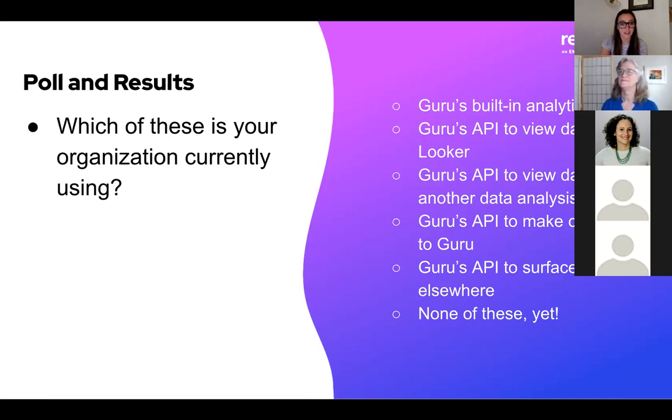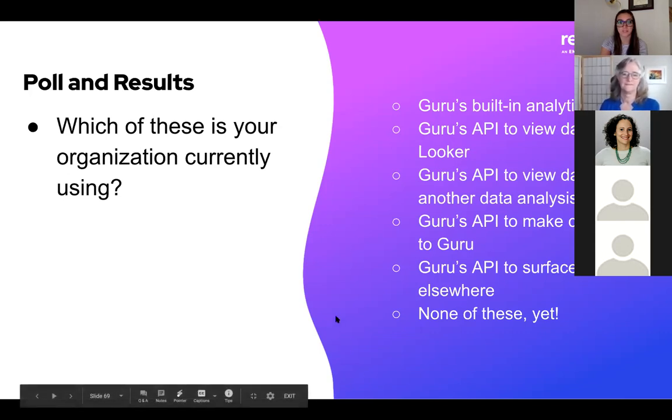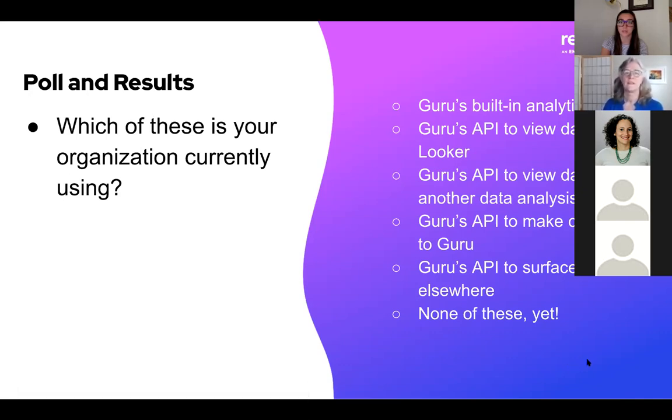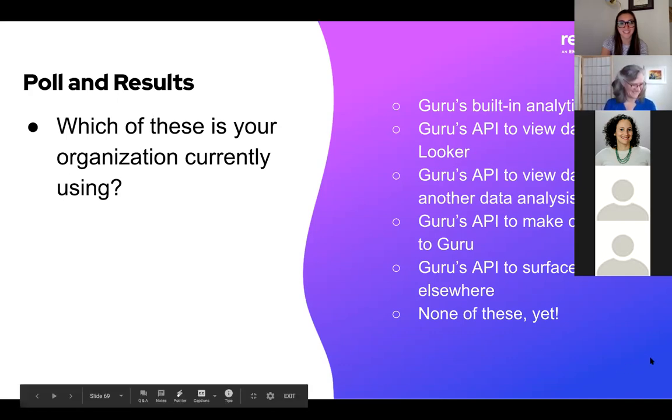Some nothing yet. And then we have a few that are using Guru's API to view data in a different data analysis tool. Awesome. Yep. Looks like Guru's built-in analytics is taking the lead. A fine thing. Good news for everyone.